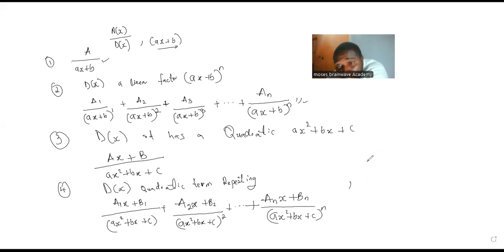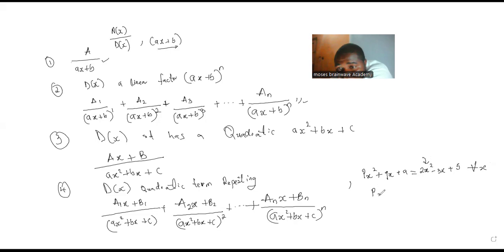For instance, if I say I have p of x squared plus q of x plus a is equal to 2x squared minus 3x plus 5, for all x, then we can say that these are equivalent. So if these are equivalent, I can equate the coefficient of x according to their powers.